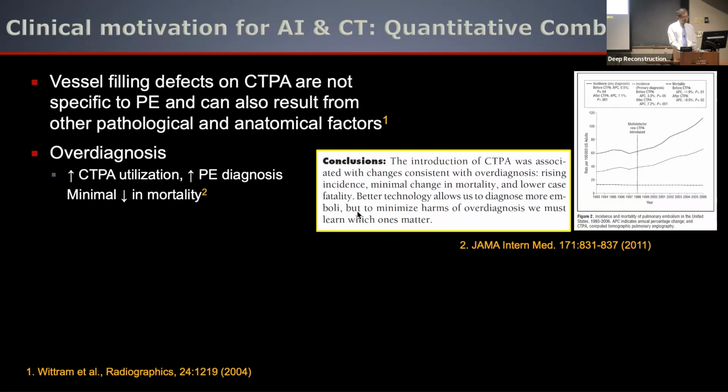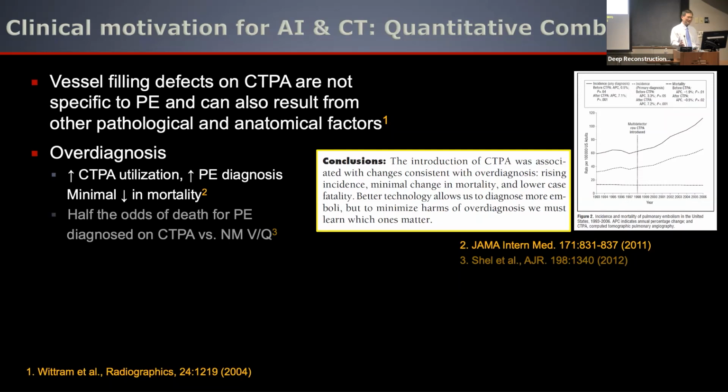So a lot of pulmonary emboli have been diagnosed because with a lot more CT applications, a lot more disease will be diagnosed. But unfortunately, the mortality rate drop is minimal, not aggressive. So that is something we really need to think about, how to avoid this over-diagnosis.